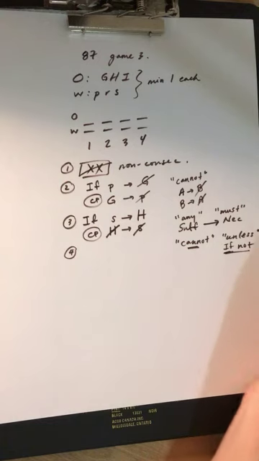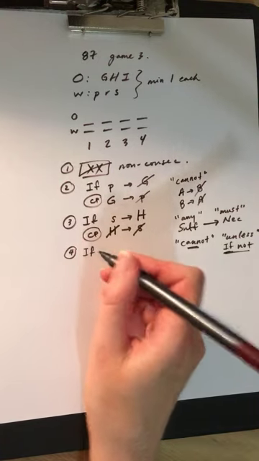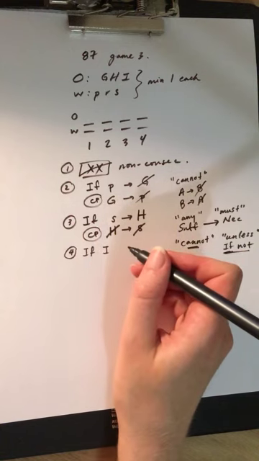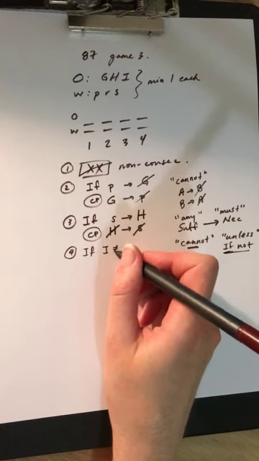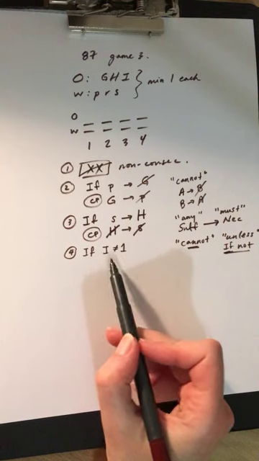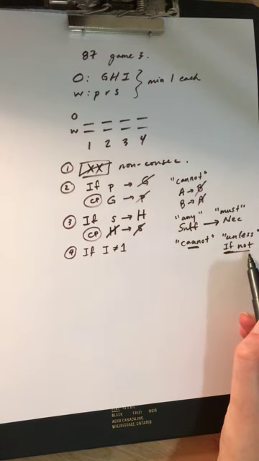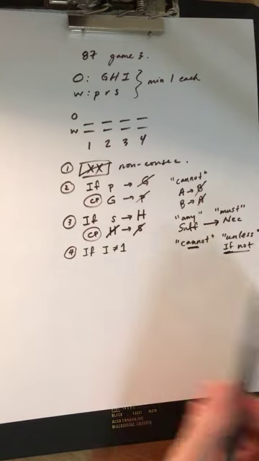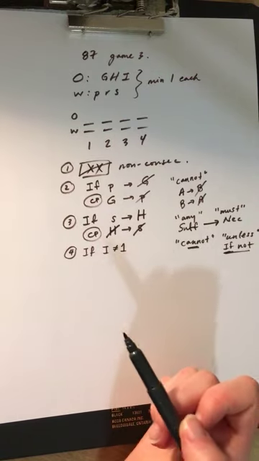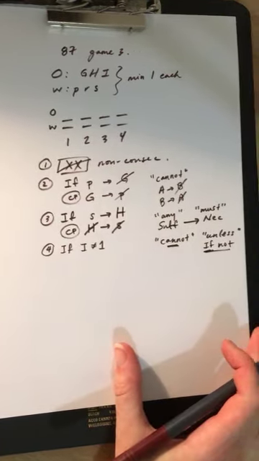So if I is not first, I'm starting with unless and subbing in if not. If not I shown first, so if I is not shown first, that's the same meaning there.